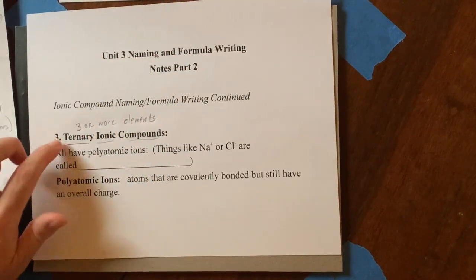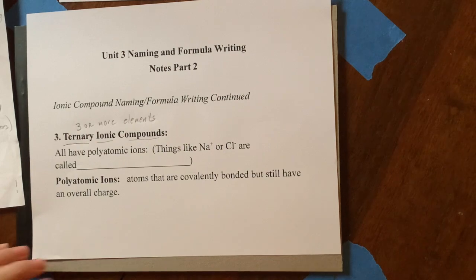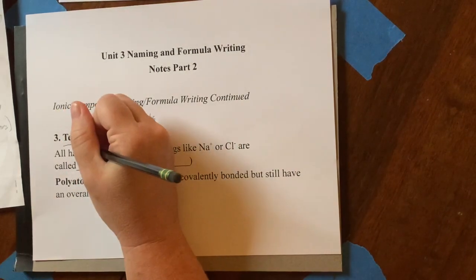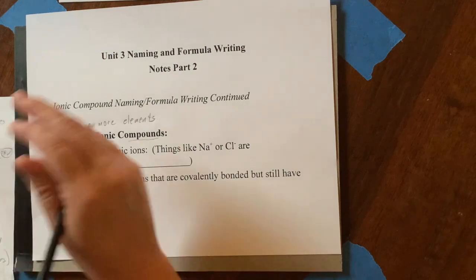All right. All of these ternary ionic compounds have what are known as polyatomic ions. Before this, all we were talking about were things like sodium ion or chloride ion, and those are all called monatomic ions. Okay. So, all right.